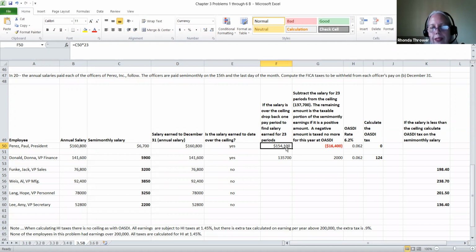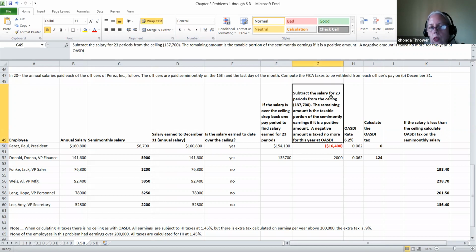Notice this amount is still above the 137,700. So what I'm trying to say to you is there would be zero taxes withheld. But I've given you this little what-if here. What you would do is subtract the salary for 23 periods from the ceiling of $137,700. The remaining amount is the taxable portion of semi-monthly earnings if it is a positive amount.